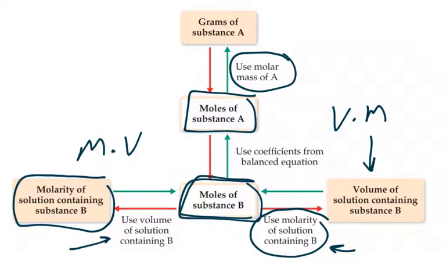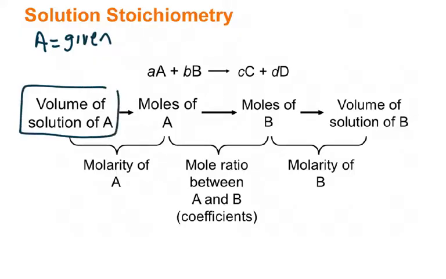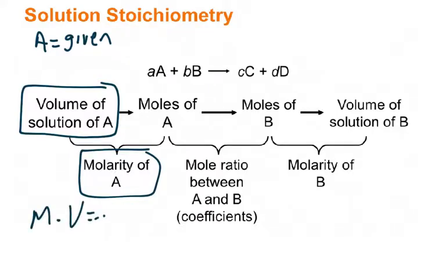I have a better example here. This one's linear. Let's say you were given the volume and the molarity of the given. I always use A to represent the given. So molarity times the volume is going to give you the moles of the given.